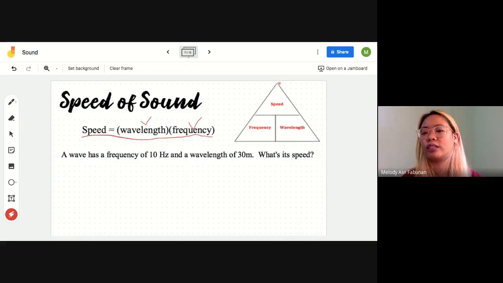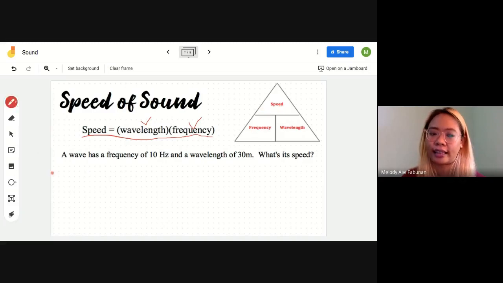Okay, so nandito yung triangle ulit natin. So for speed, we are going to multiply frequency and wavelength. In turn, if we are going to look for the frequency, we are going to divide speed by wavelength. And if we are looking for wavelength, we are going to divide speed by frequency.